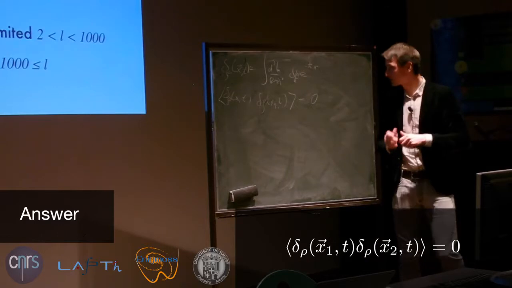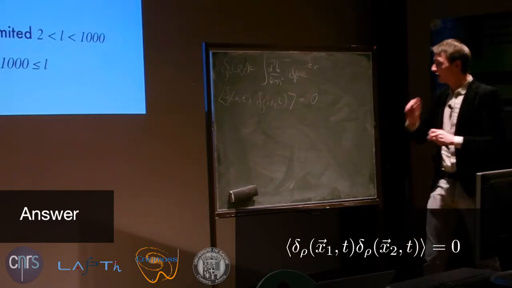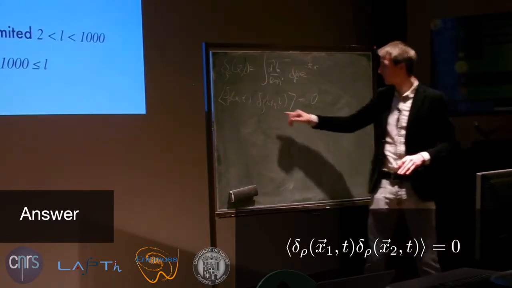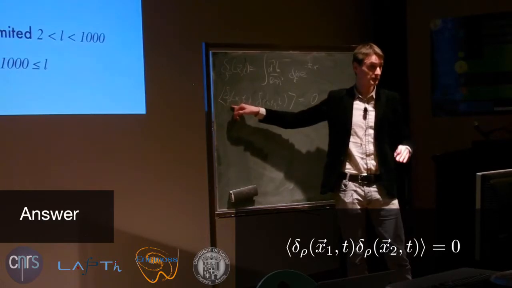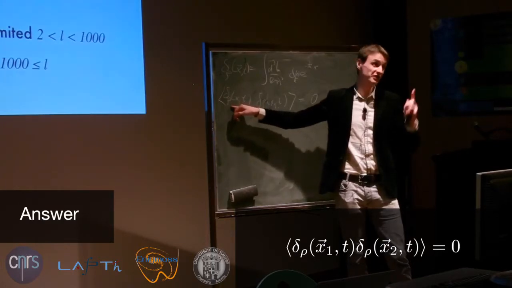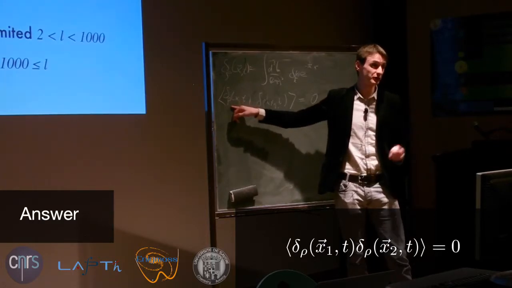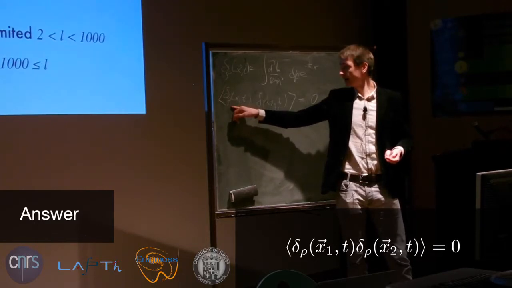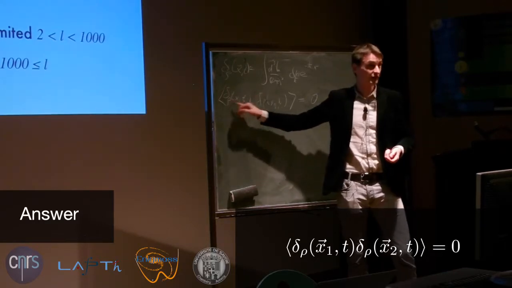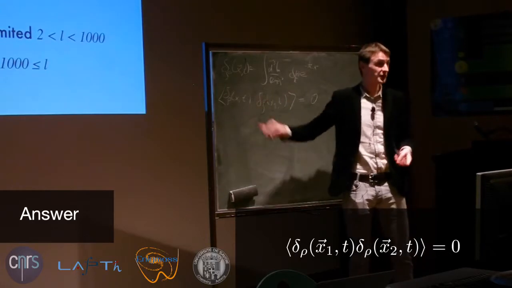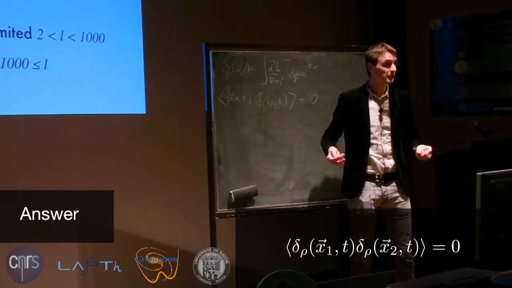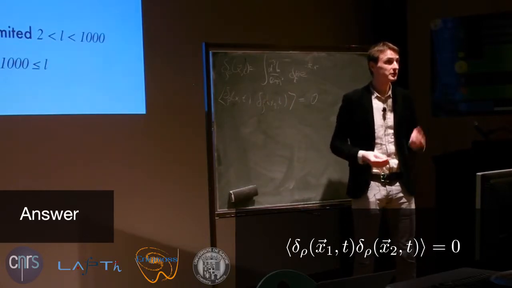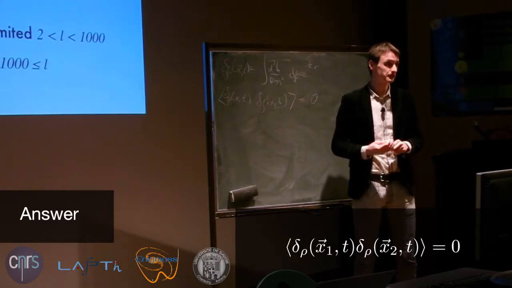Actually, your question helps a lot, because even if I draw a random field of uncorrelated density perturbations, and I only have access to one of them because I'm a poor human that lives in one universe, this will have a value, and this will have a value, and their multiplication will have a value. But I cannot look at their correlator because I only know one of each value.